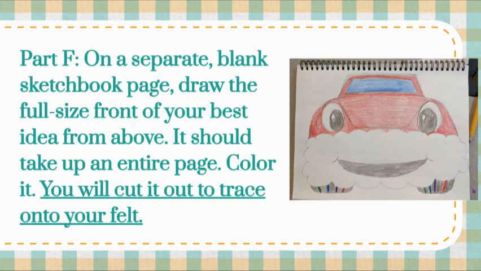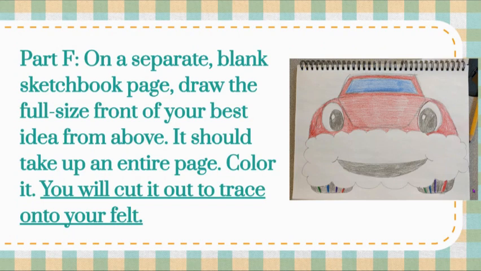So now with your idea in mind, you're going to go to a separate blank sketchbook page and draw the full-size front of your best idea from the back of your worksheet. It should take up an entire page because that's how big your felt is. Color it. You will then cut it out to actually trace it onto your felt. It is your tracer, so it will not get any better by the time it gets to your felt.